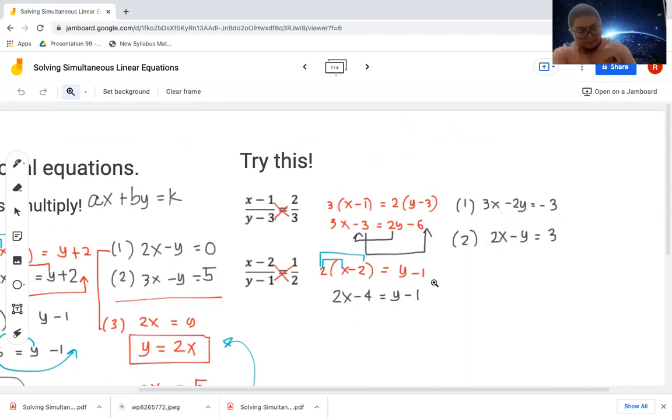So let's say, for example, I'm going to make it 2x minus 3 is equivalent to y. Notice that I moved the 3 to the other side and I moved the y here. Just like in a mirror image, we are just going to flip them. So that's going to be y is equivalent to 2x minus 3. This is now going to be your equation number 3.